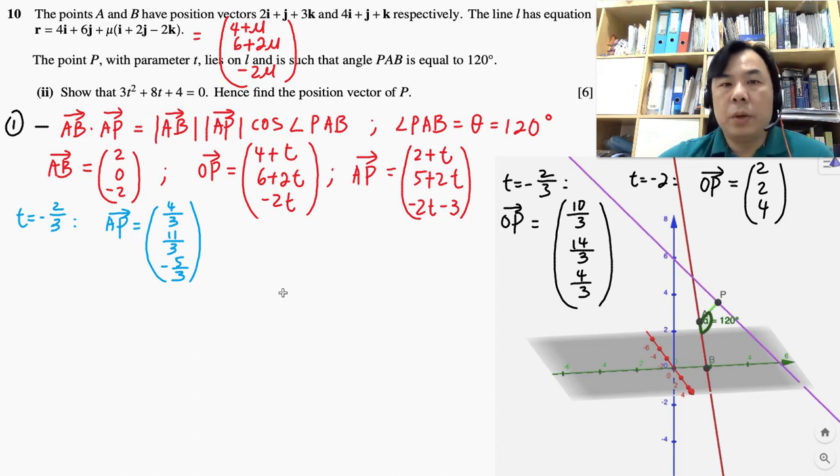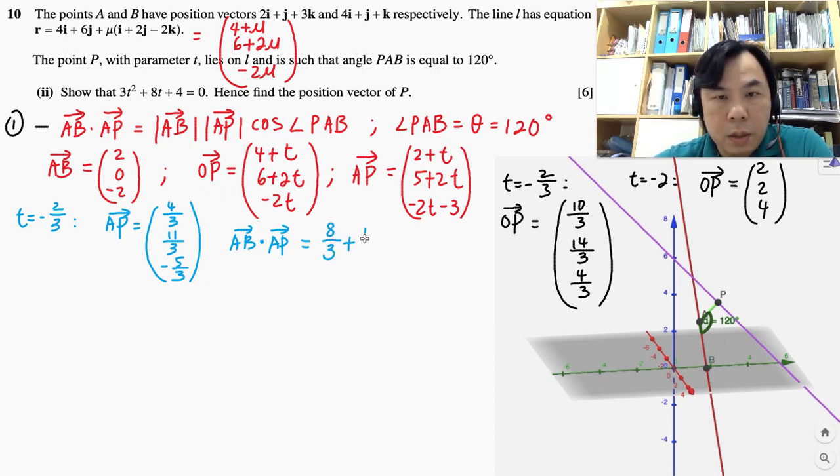All right, so now we are ready. All we need to do is to work out the scalar product for AB and AP. So let me work out the scalar product for AB dot with AP here. Now if you try this out, this is typically 8/3 plus 10/3 here, which will yield 6.